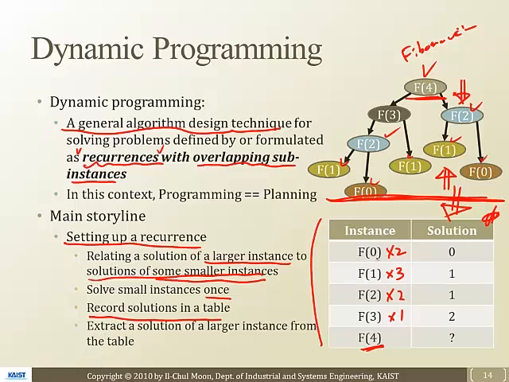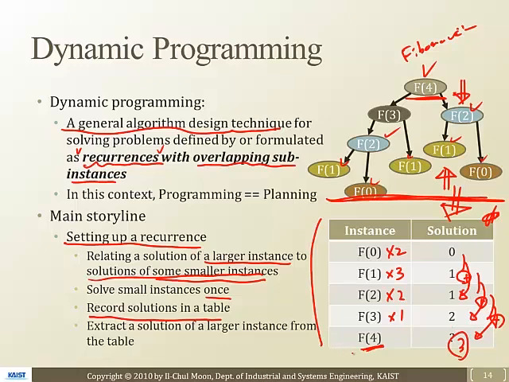It means that if we already solved F0 is 0 and F1 is 1, it's very easy to calculate F2 because that is the sum of the previous two solutions, right? To calculate F3 is pretty easy because it's just a summation of the two instances before. How about F4? It's a summation of the two instances here, so we get this number 3, right? So this is the main storyline.